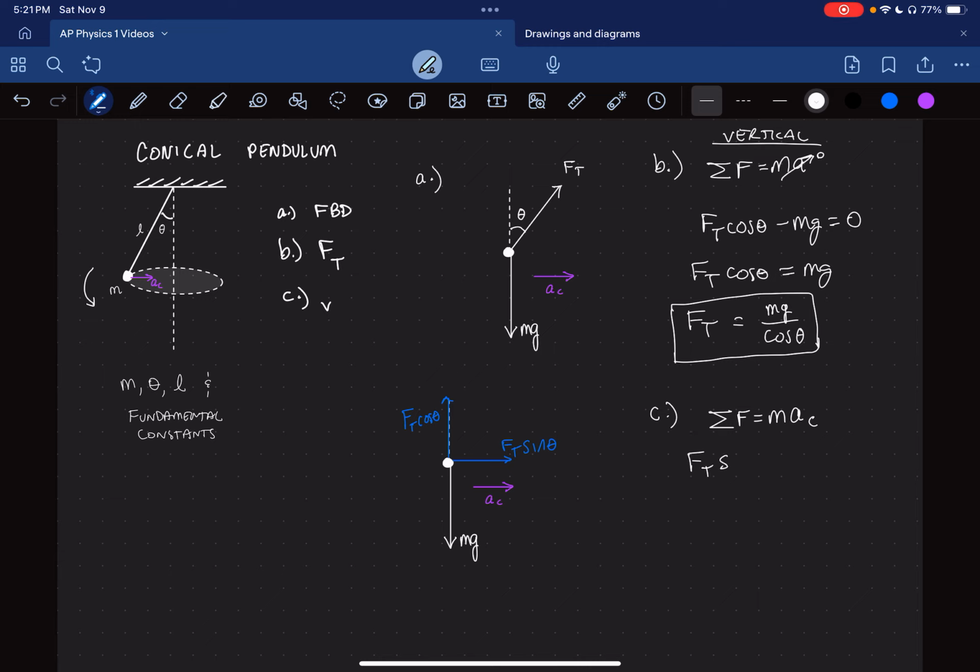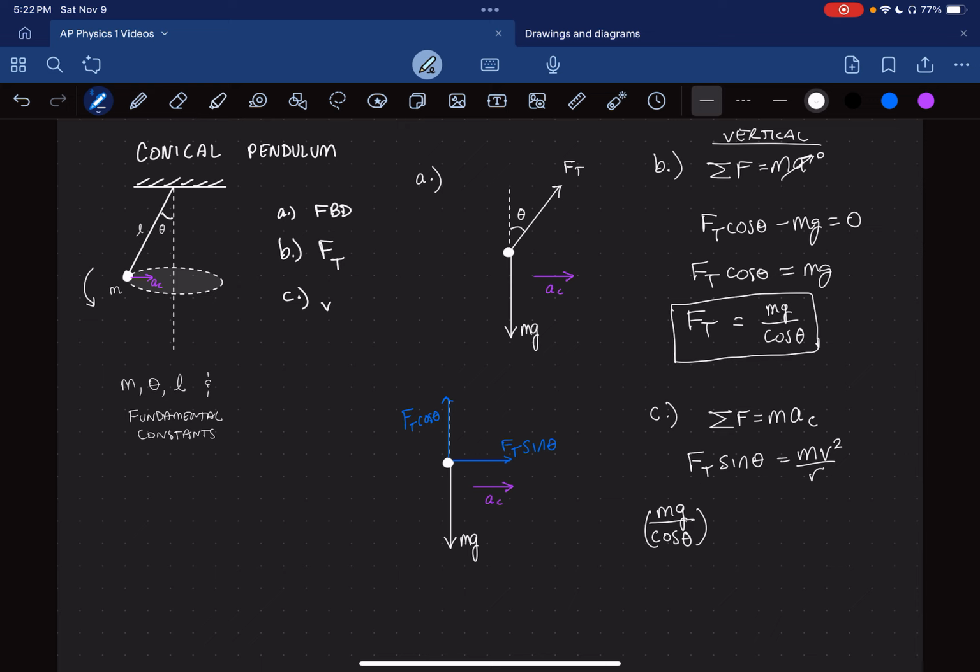That's ft sine theta equals m v squared over r. And let's see, we can't keep ft, although we can substitute what ft is down here. And so I think I'll just do that first. This would be mg over cosine theta.